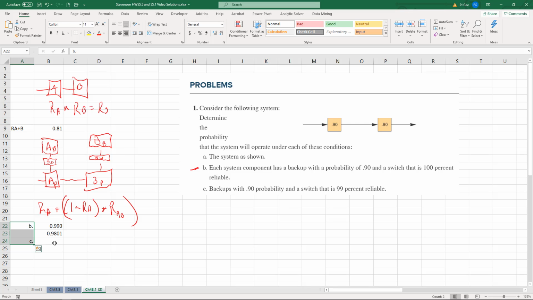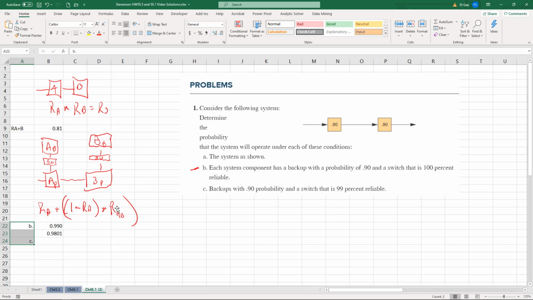So let's see what those are. How will this change? It's almost the same equation. All we know, though, is that this tends to be in sequence. So this gets set up when you have this parallel backup in place. The switch we didn't have to account for before, but now the reliability of the backup depends on the reliability of the switch times the reliability of the backup.